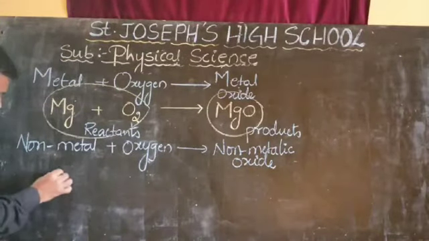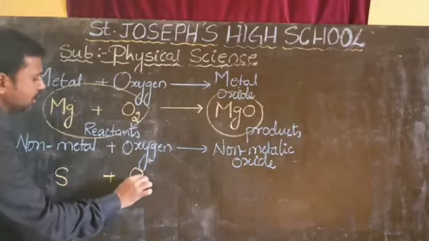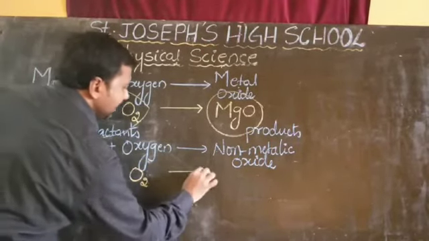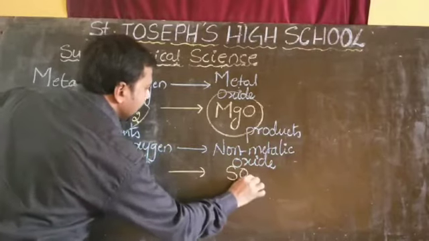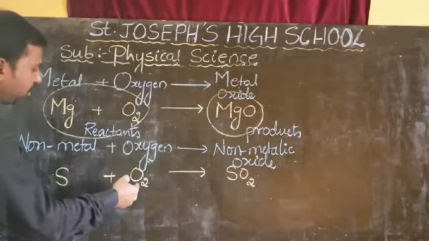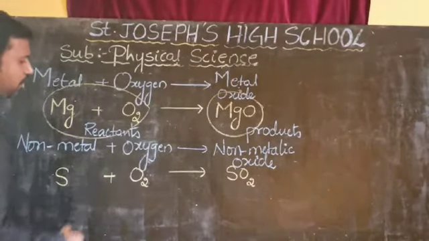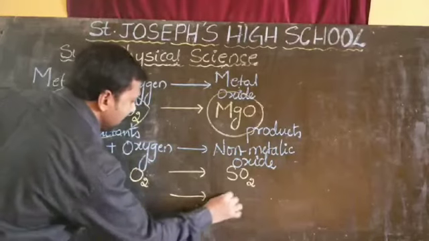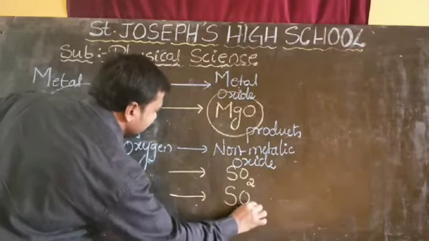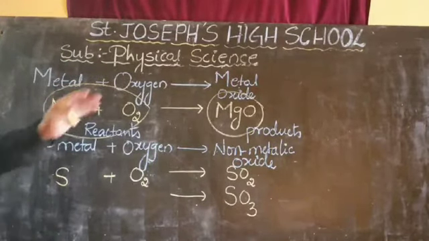Example, what did we learn? Sulfur reacts with oxygen, and we get sulfur dioxide. Suppose we take an excess amount of oxygen, at that time you will get sulfur trioxide, SO3. Is it clear, children?